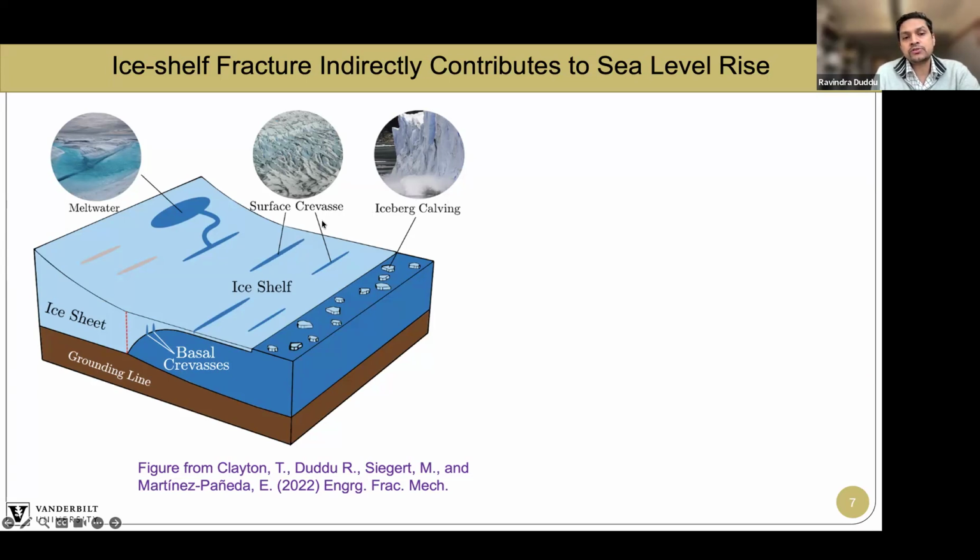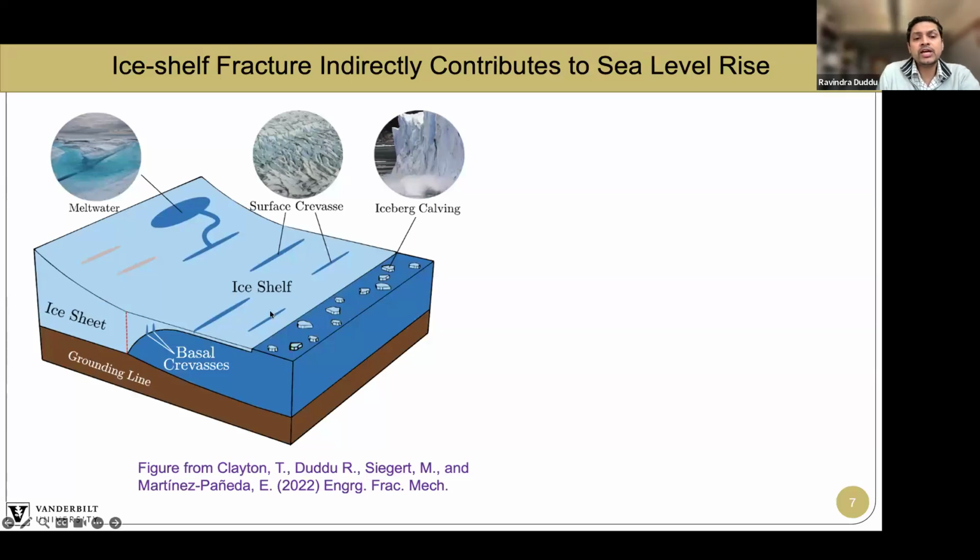The fractures on the surface are called surface crevasses. The fractures at the base are called basal crevasses. Usually for basal crevasses, you need hydrofracture. That means the ocean goes in and has to pressurize these fractures so that it overcomes the gravitational closure of these fractures.